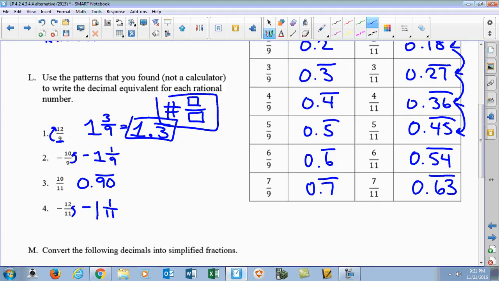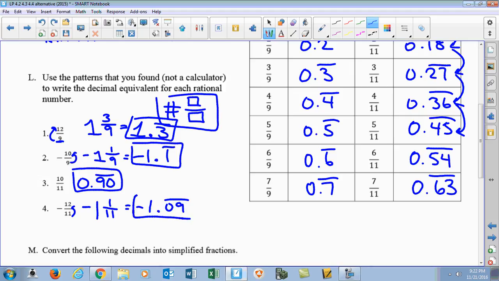So negative 1 is my 1's value for the decimal, and for the first place to the right of the decimal, my tenths, is the 1 repeating. So negative 1.1 repeating is my decimal. I already have my answer here. And then the other one is negative 1, and 1 divided by 11 is 0.09 repeating. So that is my decimal for that mixed number.